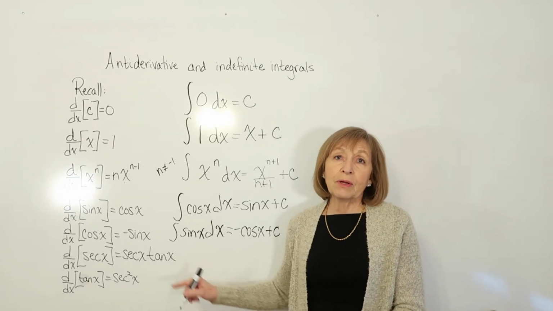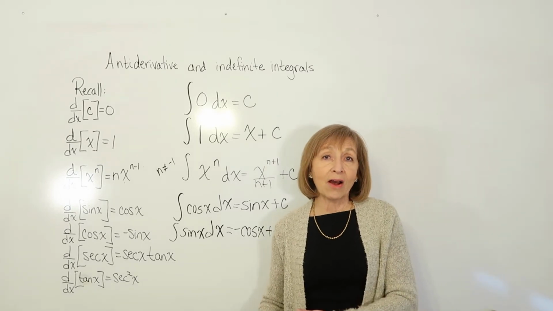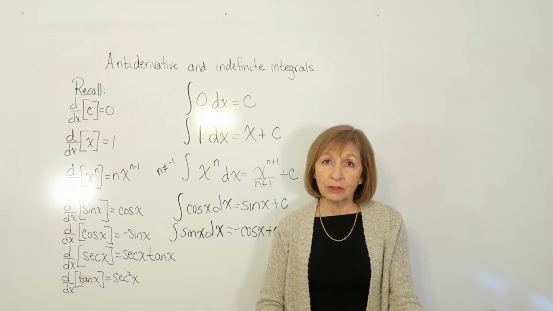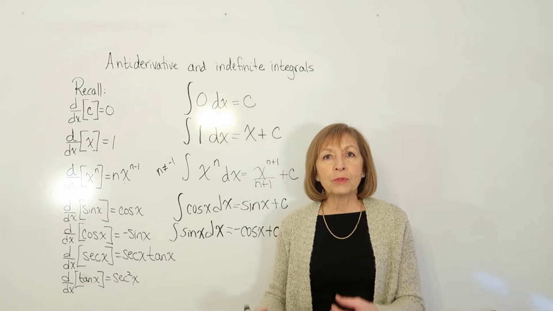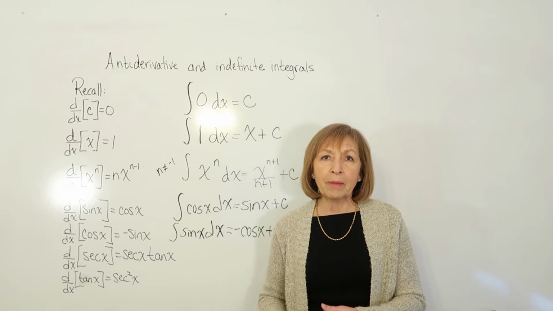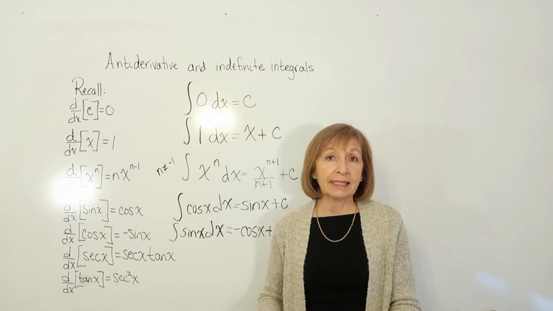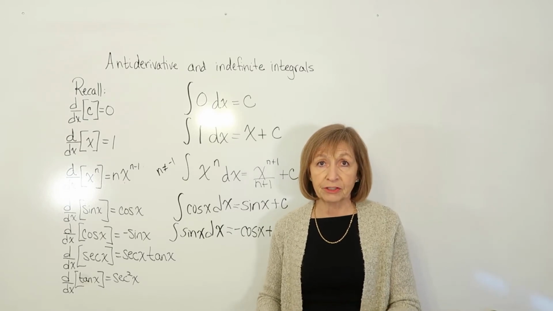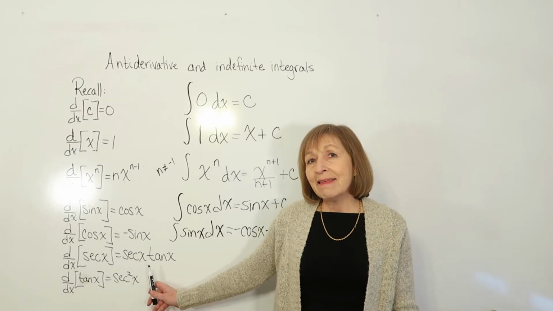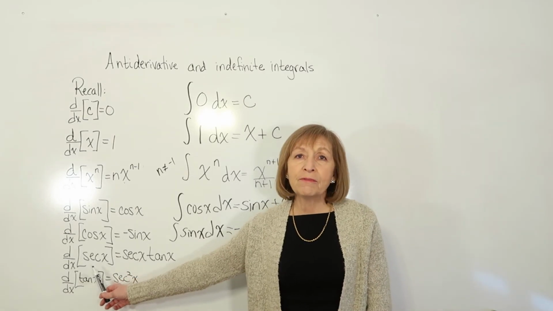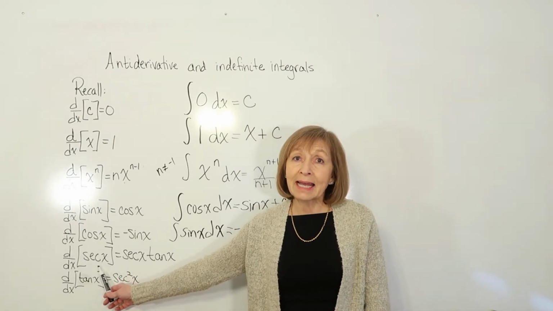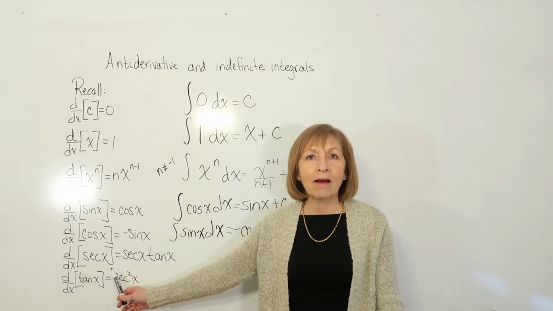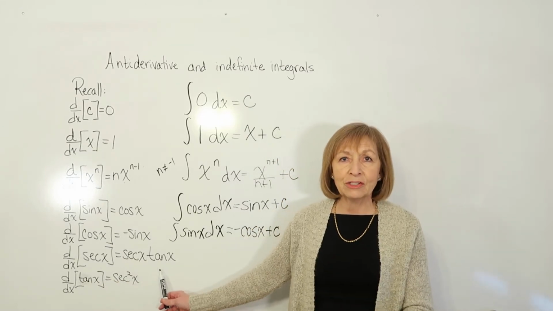Now these next two I wanted to put on there because they are a little bit trickier when you're looking at them, unless you really have it strong in your memory that they were derivatives that came from a specific trig function. The derivative with respect to x of secant x is actually the product of secant x and tangent x.